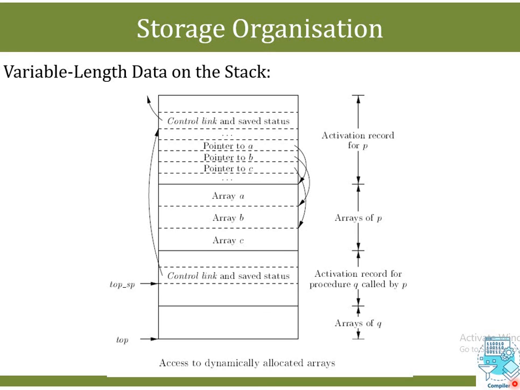When we have an array, how many bytes to allocate for it will be known only during runtime. So instead of storing the entire list in the activation record, in the activation record you will be having only pointers to the various data items, and these pointers will be pointing to the respective data items. By this, variable length data are handled.